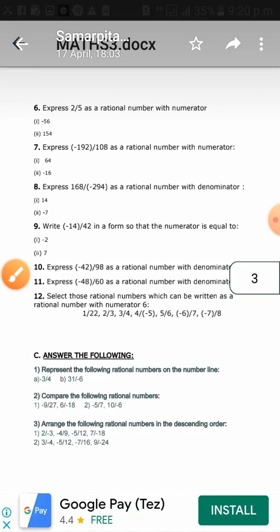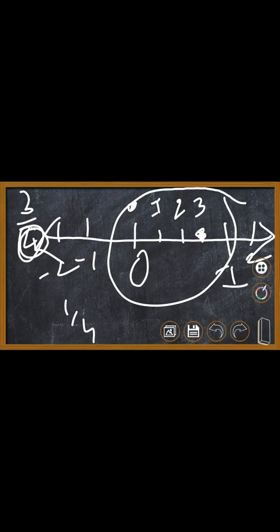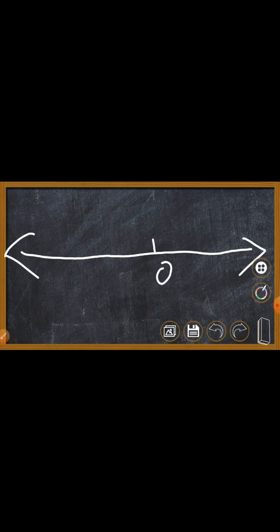How will we represent -3 by 4? -3 by 4 is going to be between 0 and -1. So the denominator is 4, so you will make 3 equal marks over here.